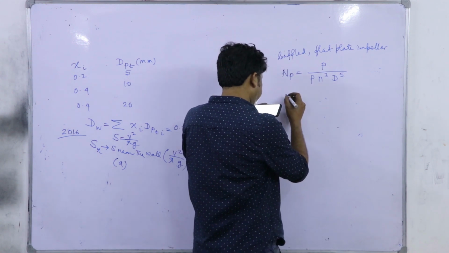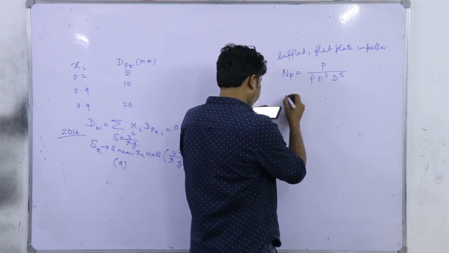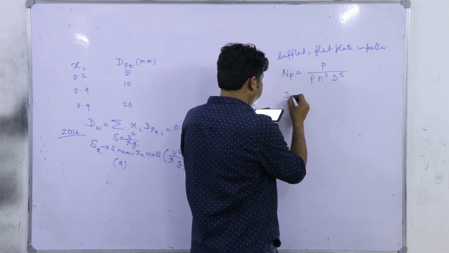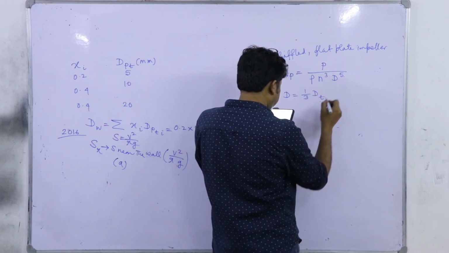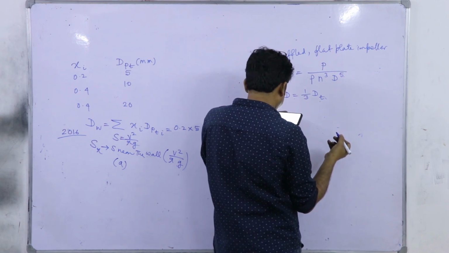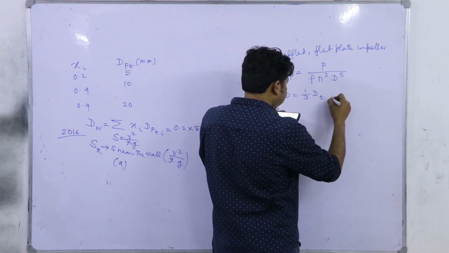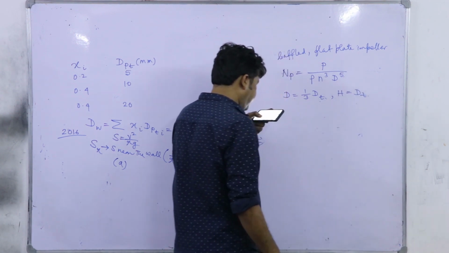Here what is given? The diameter of the impeller d is 1/3 of the tank diameter. This is the standard optimum design, and the height of the level is equal to the tank diameter.